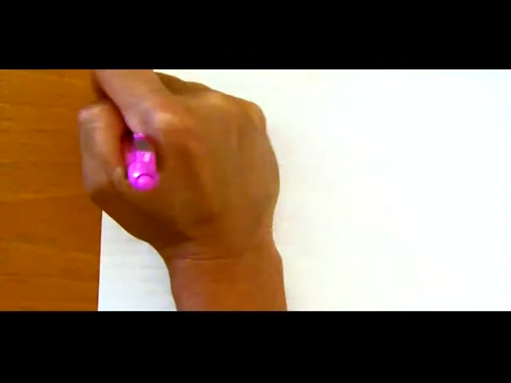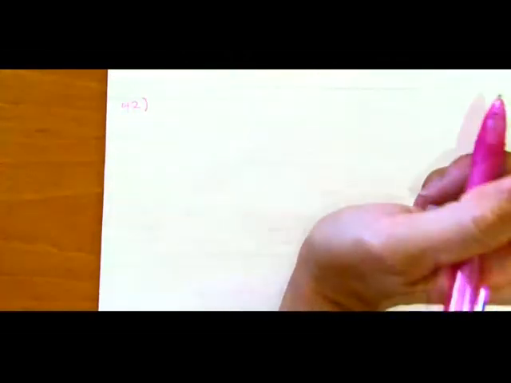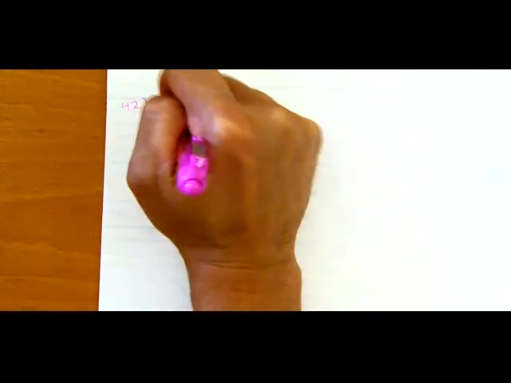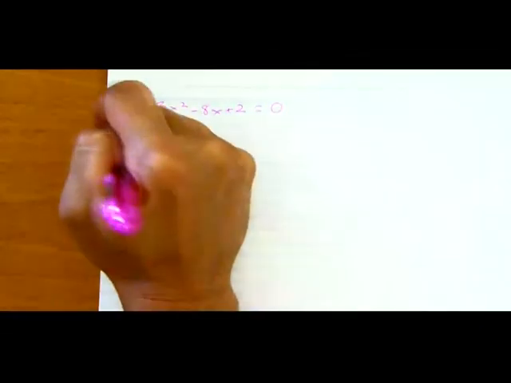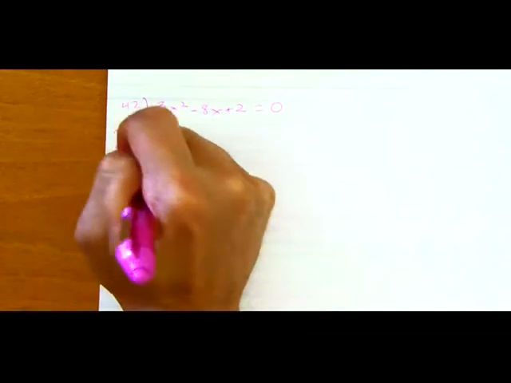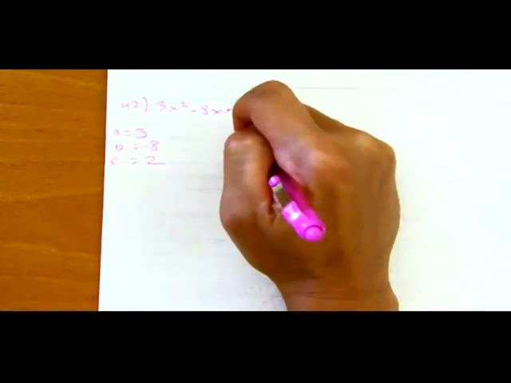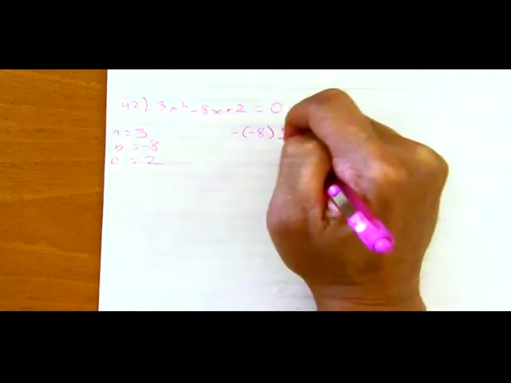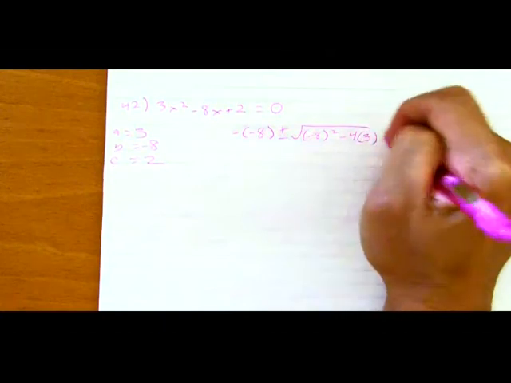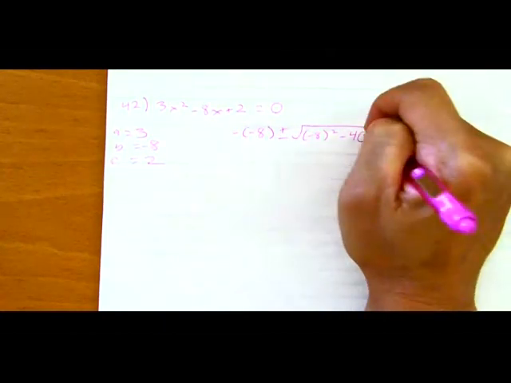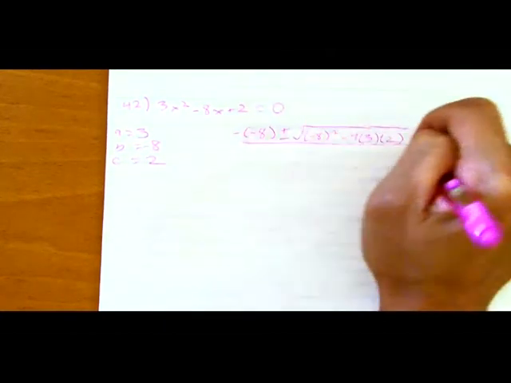Number 42. 3x to the second minus 8x plus 2 equals 0. A is 3, B is negative 8, C is 2. Opposite of negative 8 plus or minus negative 8 squared minus 4ac over 2a.